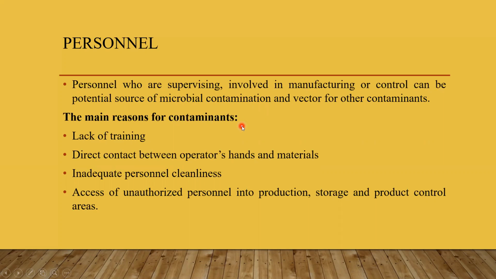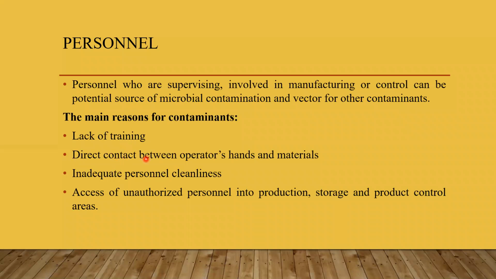What is the reason behind contamination through the person? First one is lack of training. If the persons are not properly trained to manufacture, to supervise, to control the quality of the formulation, then there is a chance of microbial contamination in the formulation.